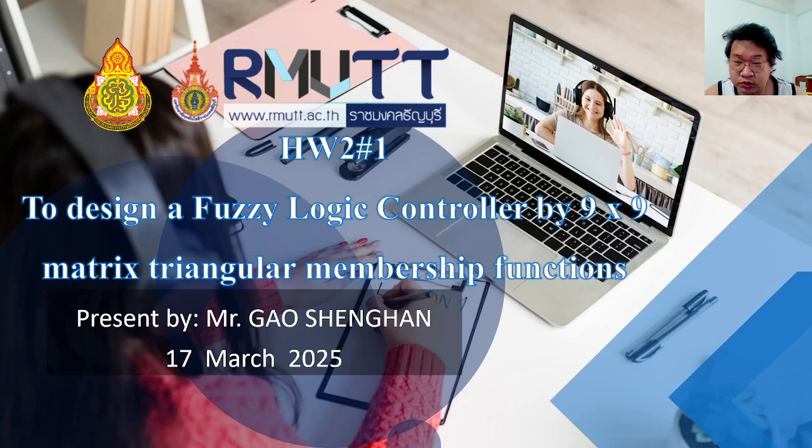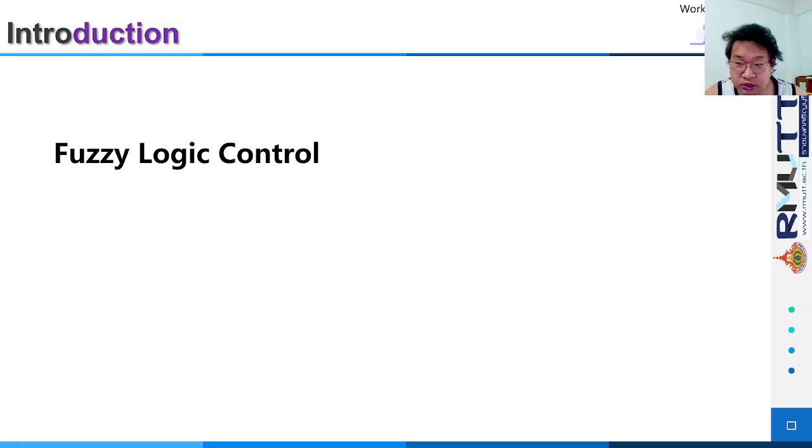I would like to submit my homework number 1 about designing a fuzzy logic controller by 9 times 9 matrix triangular membership functions. And next, I will introduce how fuzzy logic control works.